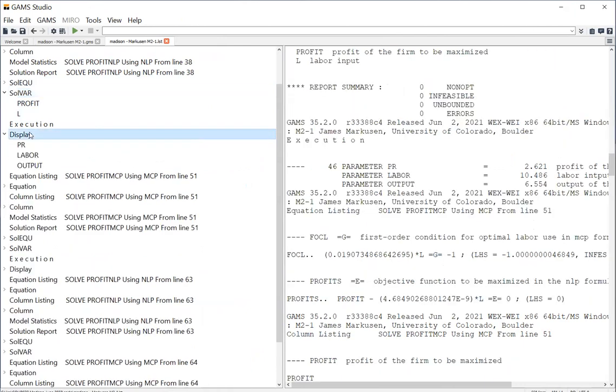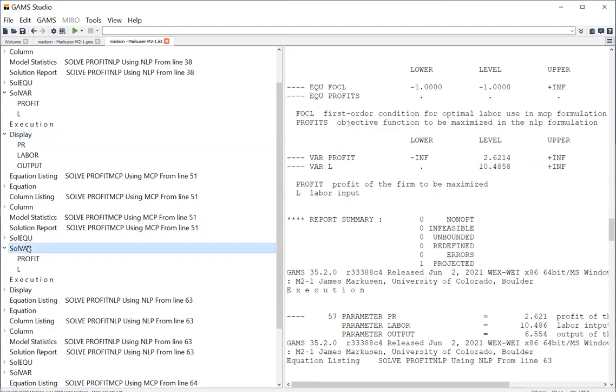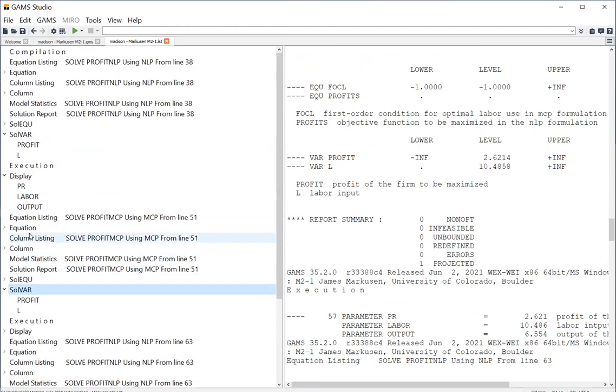And then you can extract variables like profit, labor, and output, as I said. The second solve statement is doing it as an MCP with just the first order condition. I thought it's the same solution value. I know, but profit wasn't a variable.